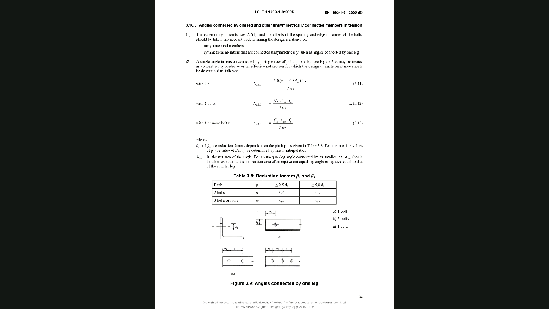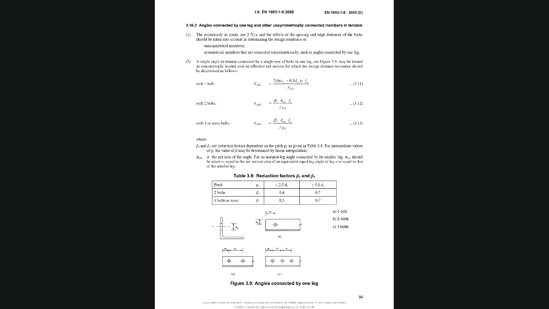So we work out what the hole diameter is. Let's say the hole diameter is 20. Then if the pitch distance is less than 2.5 times 20, which is 50 millimeters, we use beta 2 equal to 0.4. If it's greater than 5 times the hole diameter, so greater than 100, then we use beta 2 equal to 0.7.